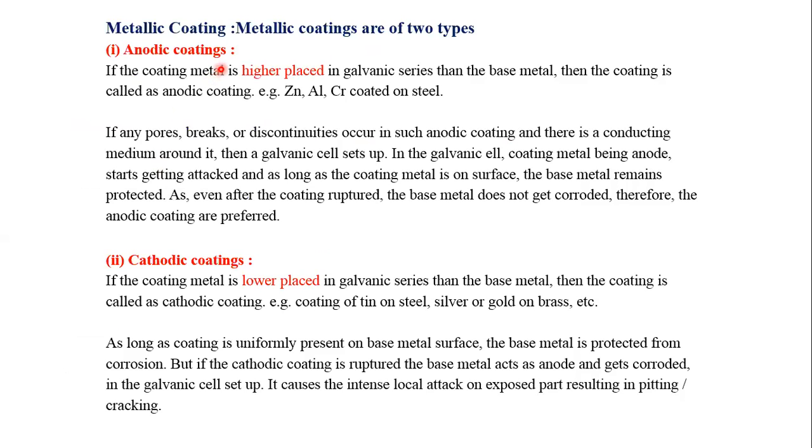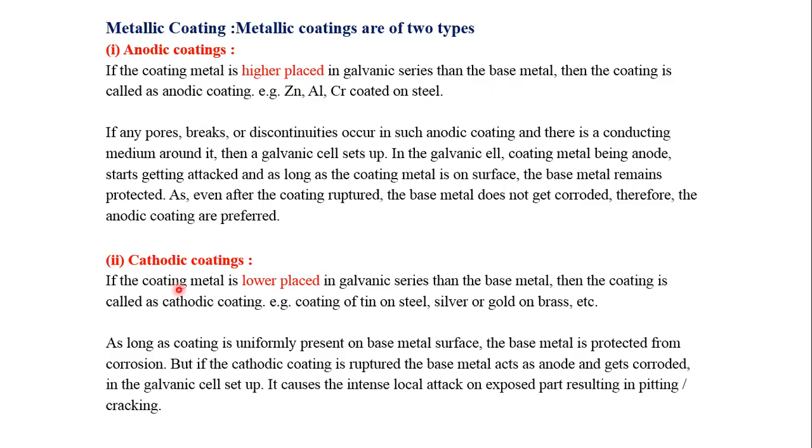Now, what is the difference between anodic coatings and the cathodic coating process? In the examination, a question is: define anodic coating and cathodic coating, which is more protective and why. This type of question is possible on this topic. In the case of anodic coatings, if the coating metal is placed higher in the galvanic series than the base metal, then that coating is called an anodic coating.